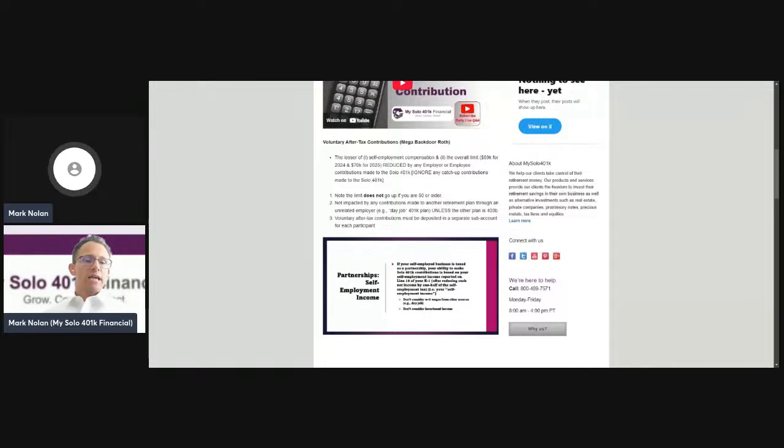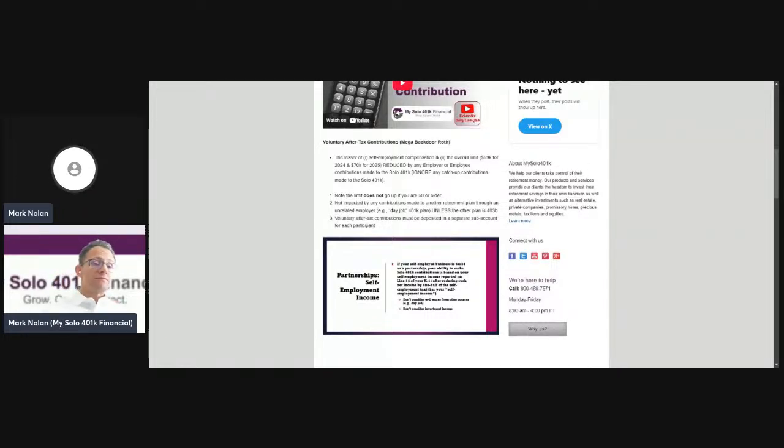So those do not count as part of the Mega Backdoor Roth solo 401k. So in short, the maximum that can be contributed to a voluntary after-tax solo 401k on a yearly basis as part of the Mega Backdoor Roth is $69,000 for 2024 and $70,000 for 2025.